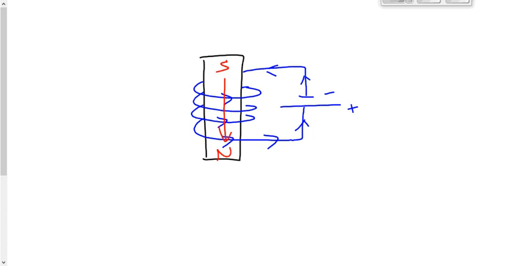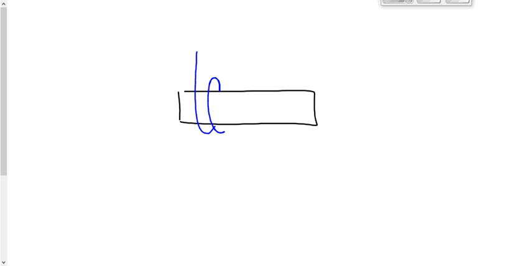Is that good? Okay, I'm going to have you do one yourself now, without my help. We'll check it over as a group in a couple minutes, but for now, you're going to work on it yourself. So we got a battery set up like this, above the coil this time.